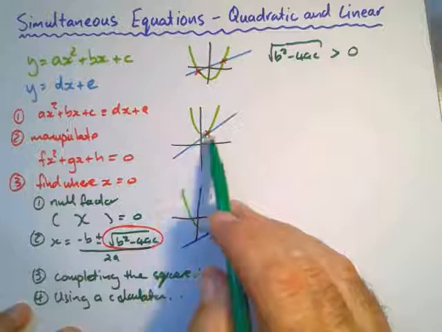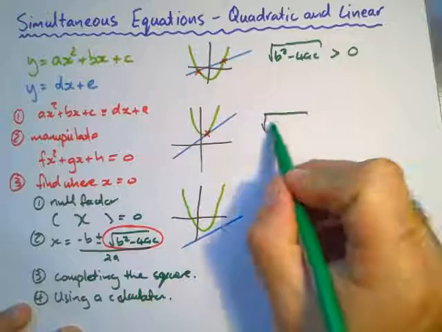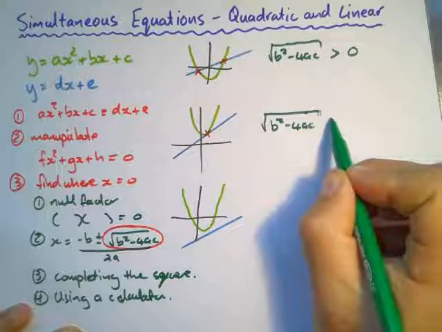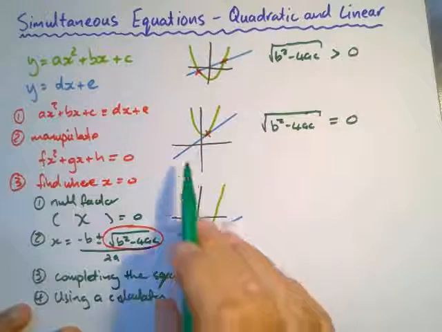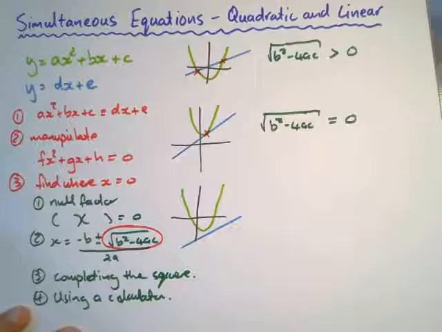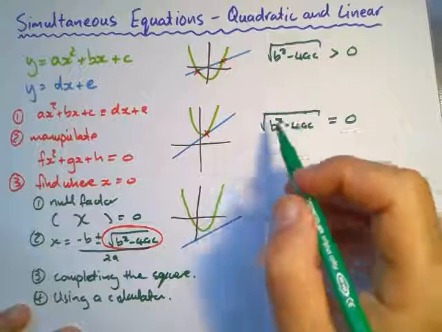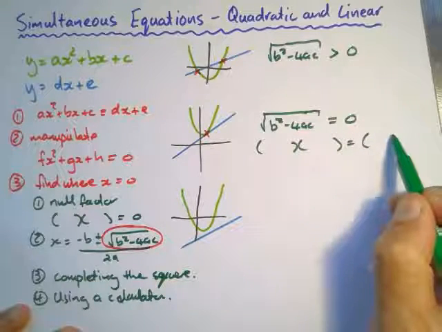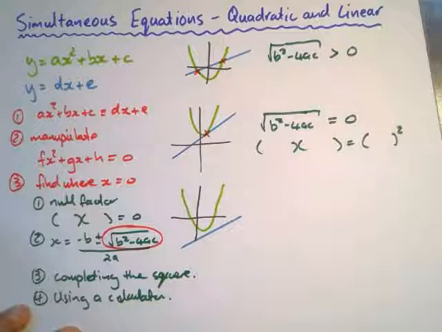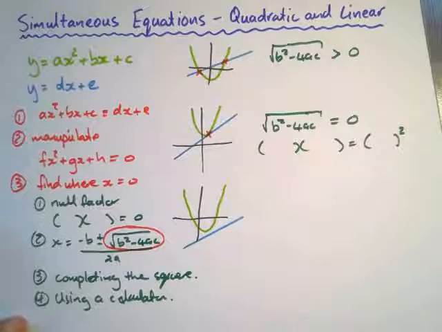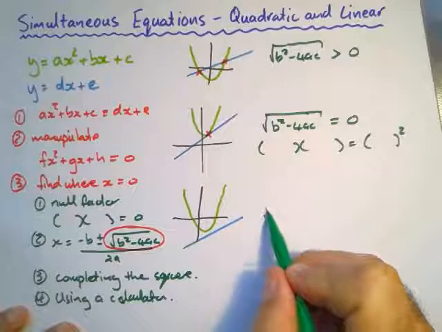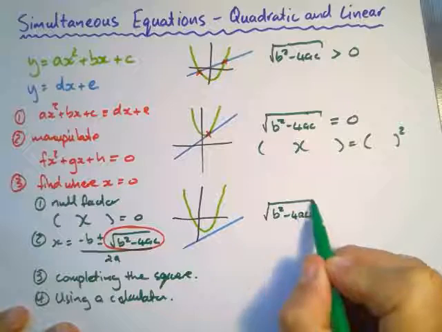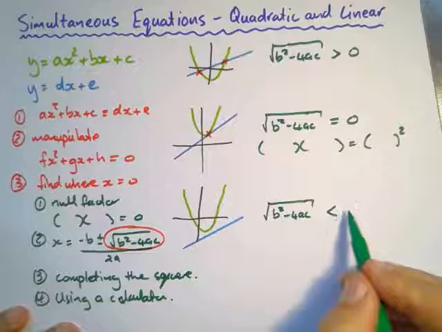Which means we're only going to get one answer. And if it's one answer, it means it's going to look like this. So if b squared minus 4ac is equal to 0, then we're going to have only one. The other way that you will find out is if I use the null factor, this works out to be a bracket squared, because there's only one solution. The third case for the discriminant is if it works out to be negative, which means it's less than 0.